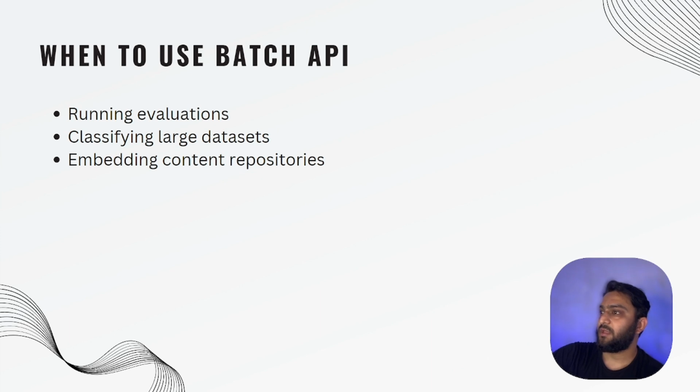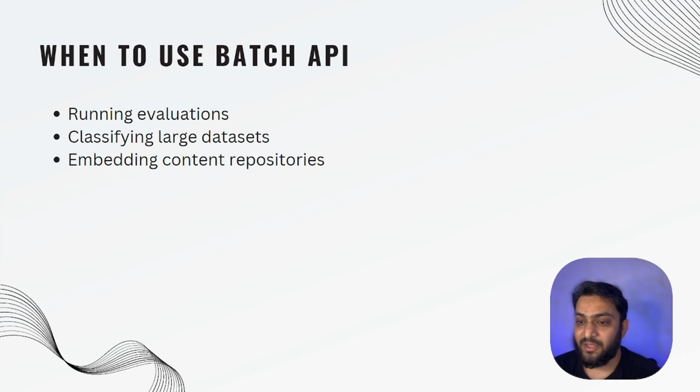Next, when do you want to use batch API? Obviously, when you want to run evaluations. If your data is in batch and you want to run many requests at a time, it's better to go with batch API. If you have a large data set and you want to do some sort of classification or sentiment analysis, you can use batch API.